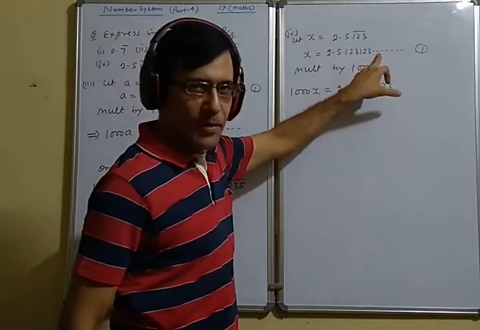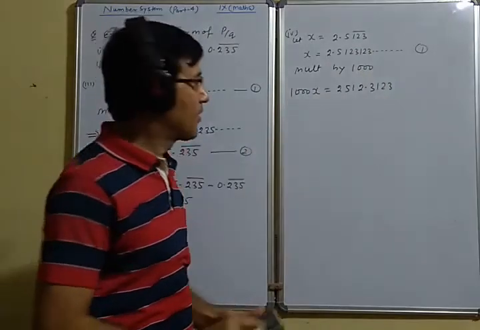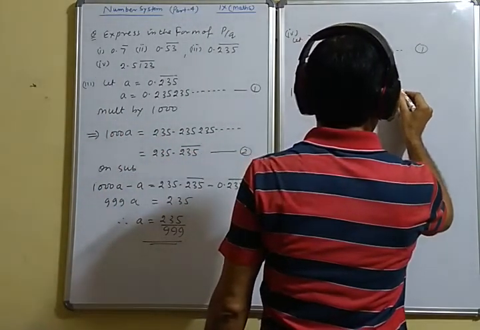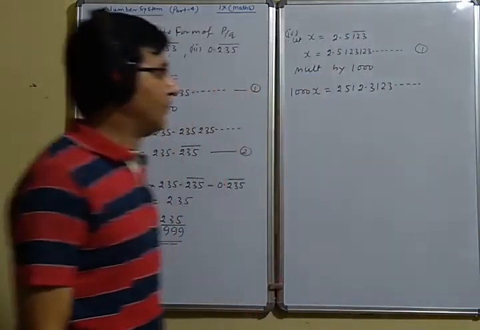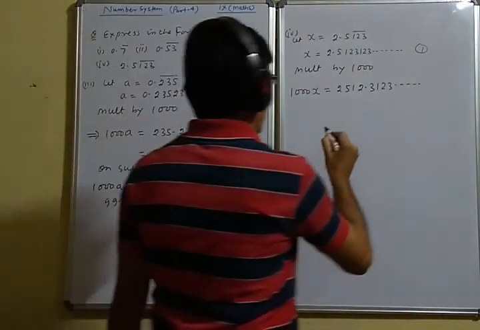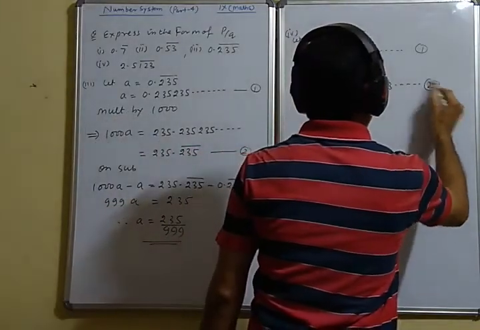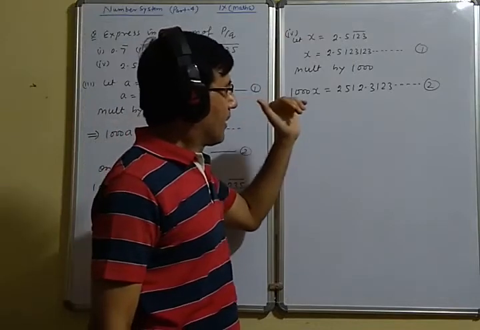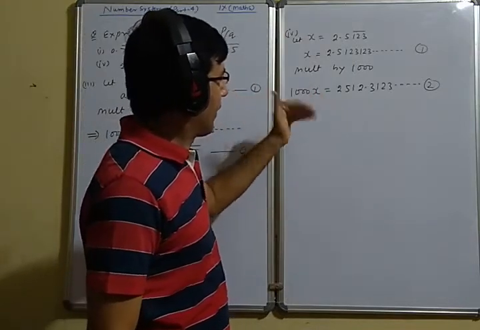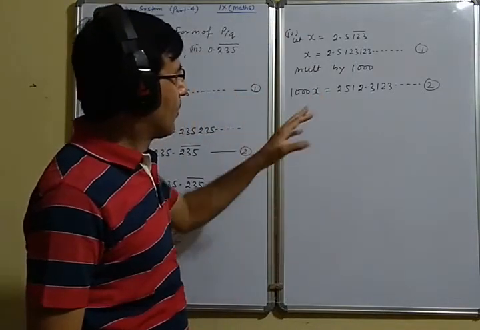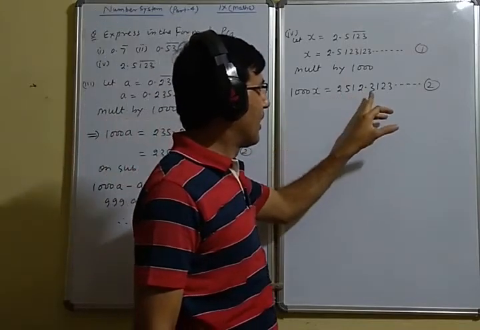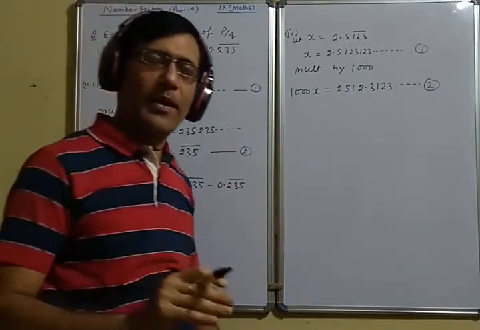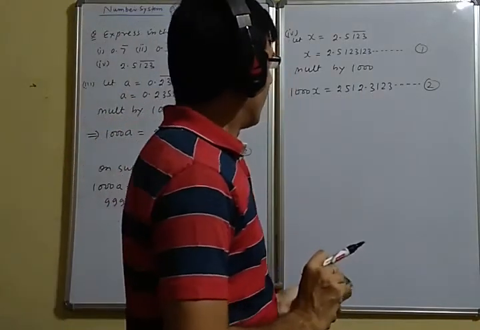Again you will get 123, 123, and so on. Since it is a multiplication by 1000, it becomes 2512.3123, and so on, because the repeating block contains 3 digits.